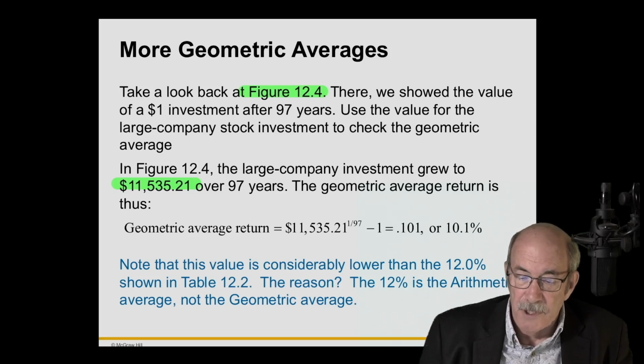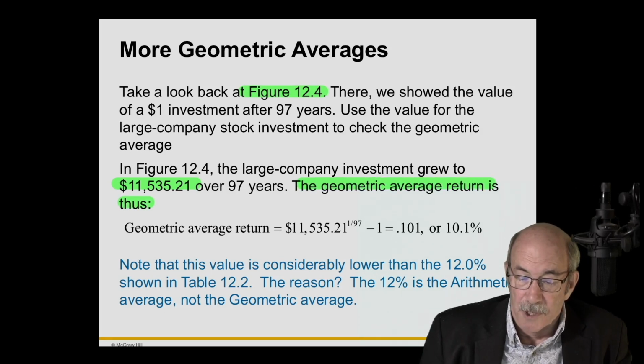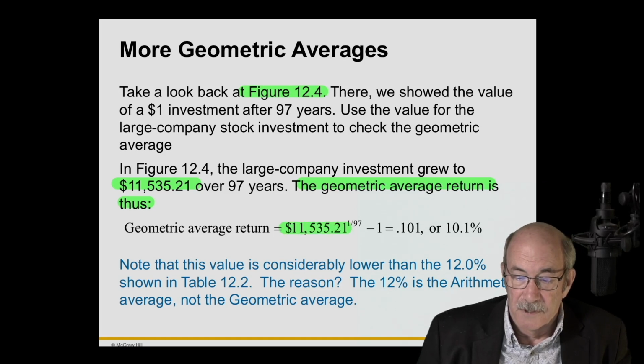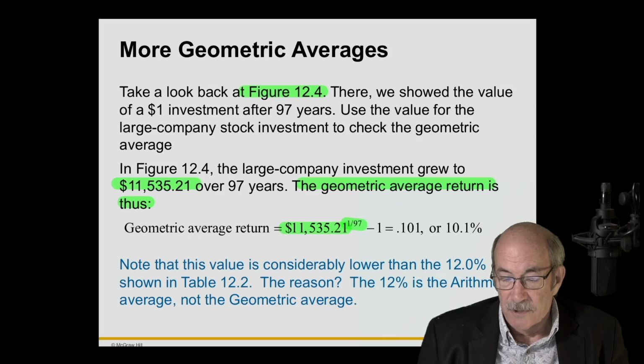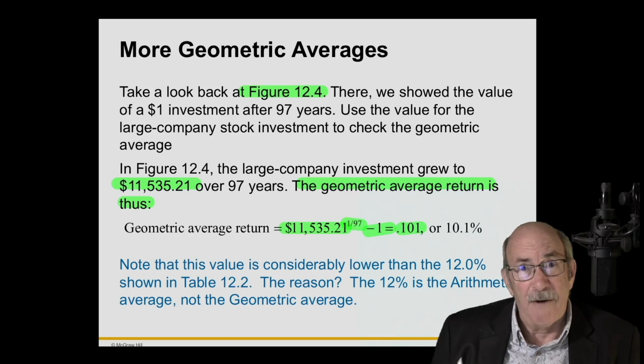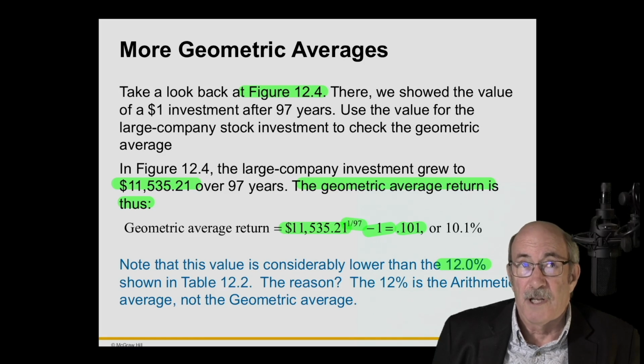And so if we use this geometric average to calculate that, we would end up with, obviously this is the 11,535.21 raised to the 1 divided by 97th power. And then we're going to subtract 1 from that, and we end up with about a 10% return. And that's quite different from the average return we calculated, which was 12%. So there we do get some sort of a difference.